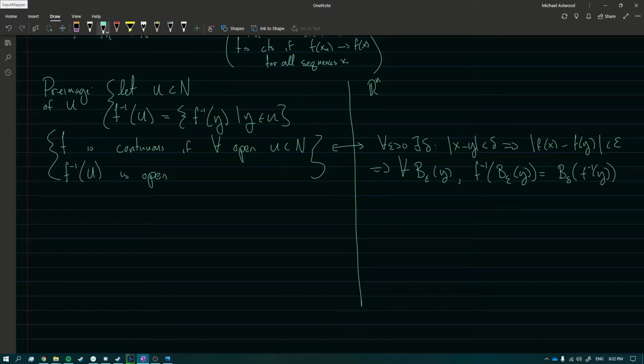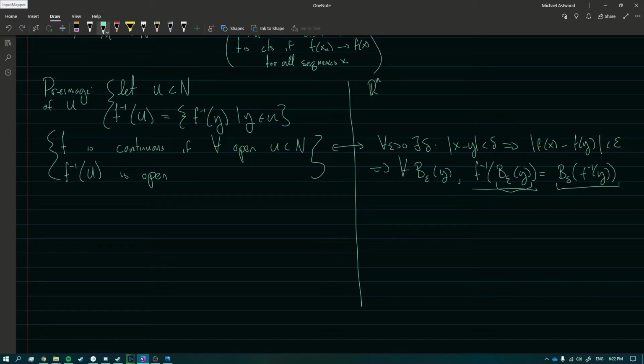So this is saying that the inverse of any epsilon ball is another delta ball, and this means that the inverse image of a topological basis set, so a basic open set, is an open set.